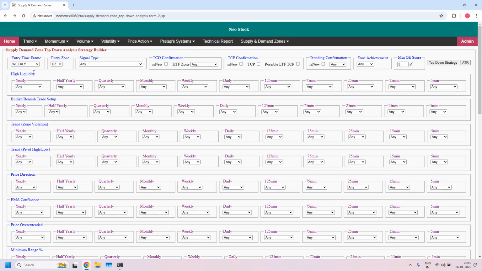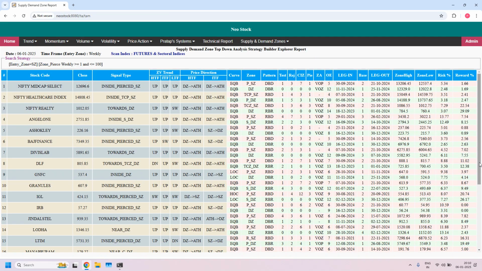Next, I am selecting supply zone, the pierced supply zone. Now all these supply zones are pierced. First 15 stocks. I am scrolling the list down.